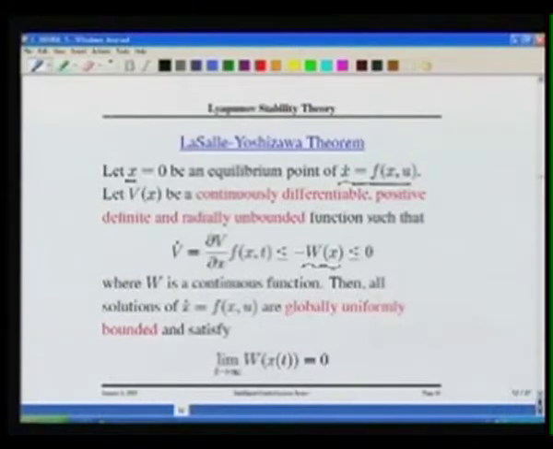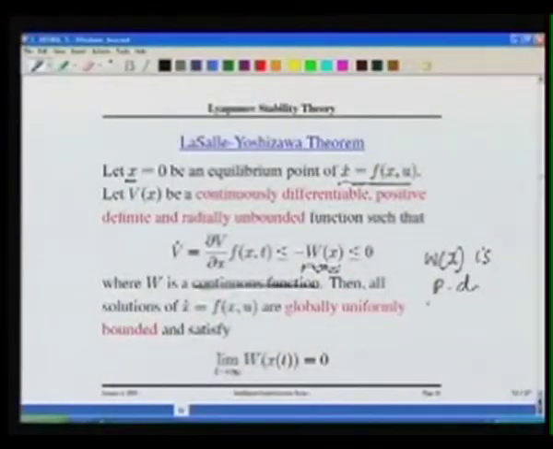So, W(x) is a positive definite function. Then all solutions of x dot are globally uniformly bounded and satisfy W(x(t)) tends to 0.